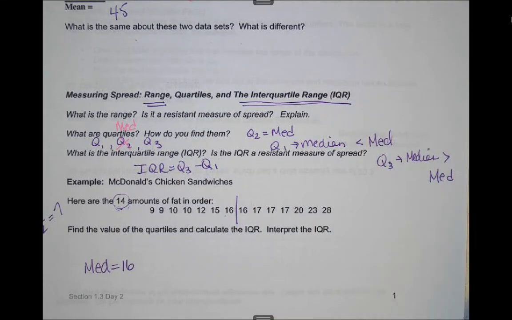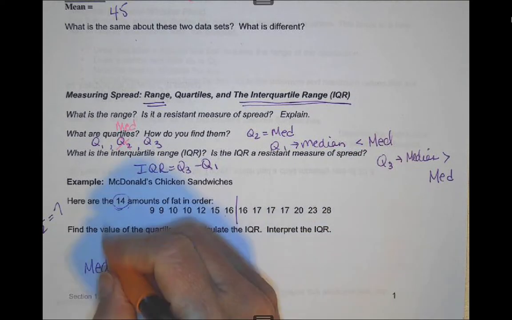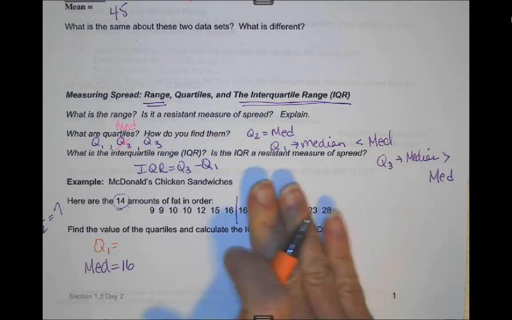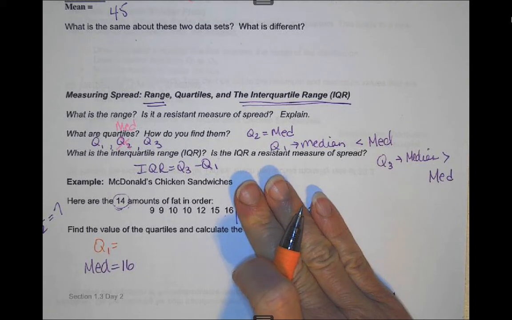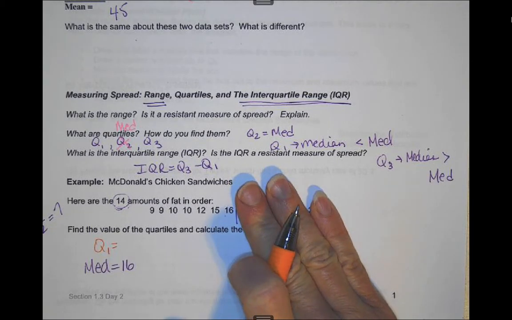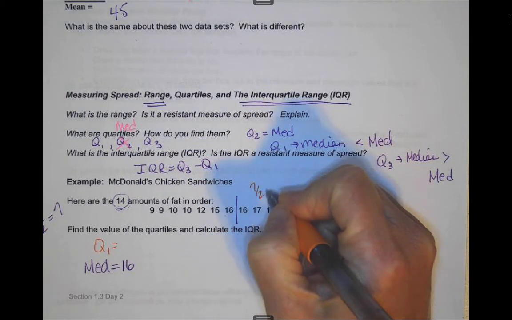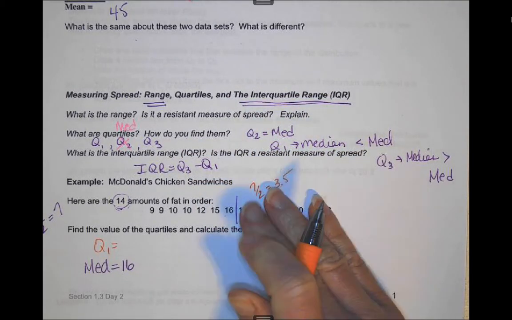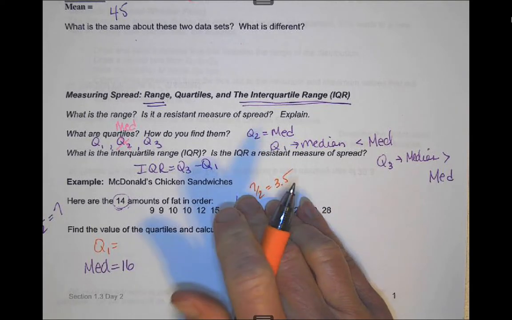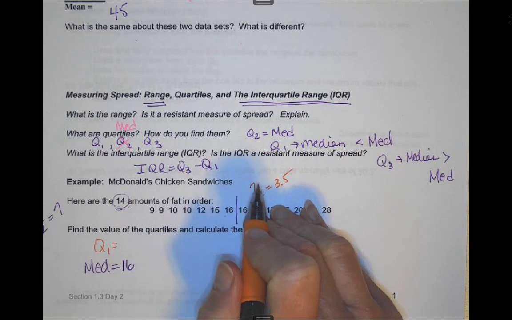When I find my Q1, Q1 is the median of the values that are less than the median. So I'm only looking at these values. Now I have 7 values, an odd number of values. If I do 7 divided by 2, I get 3.5. So basically it ends up being the 4th value.